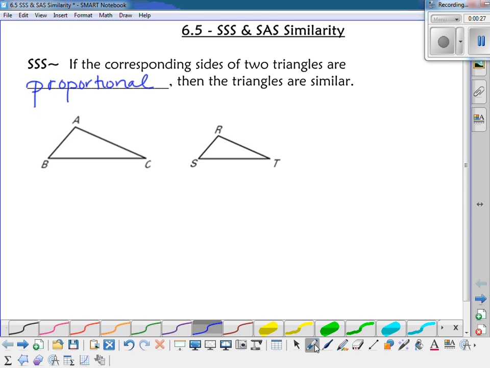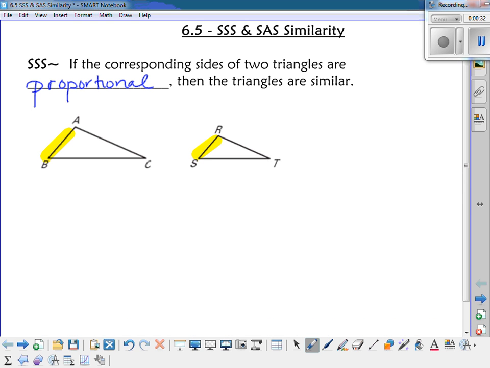So that means that I have to look at the ratios of the corresponding sides and compare them.